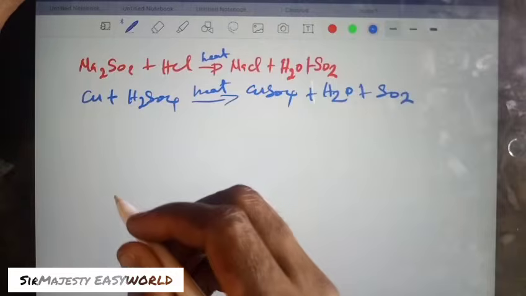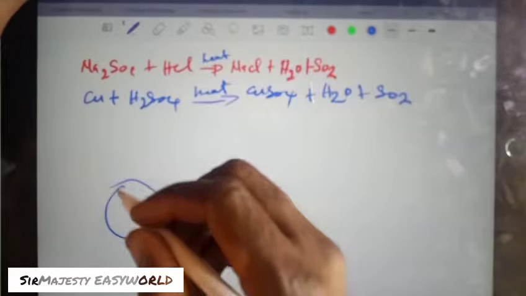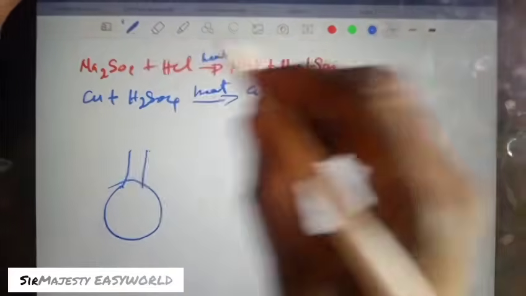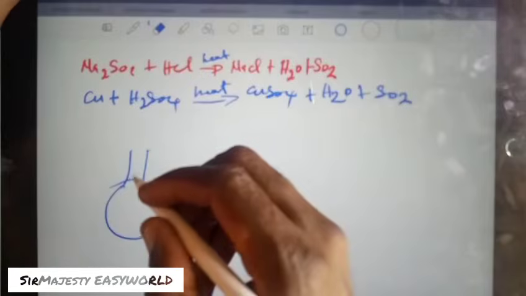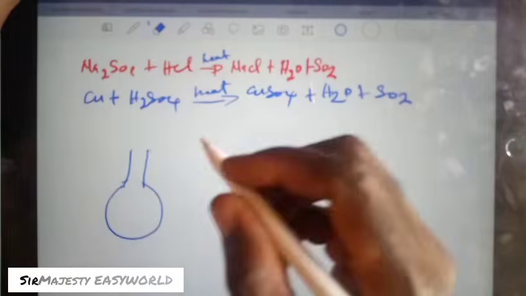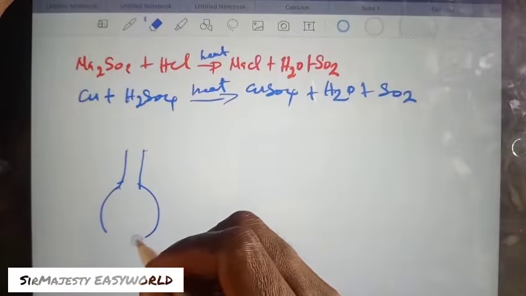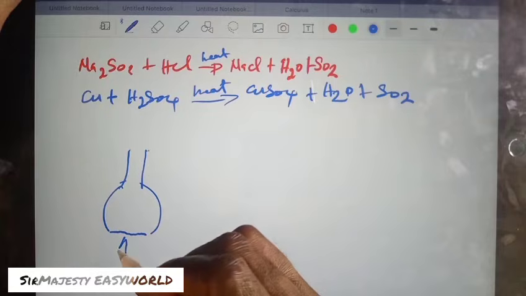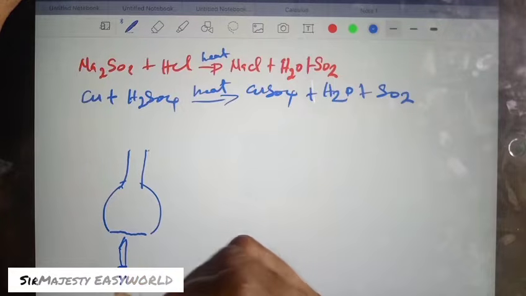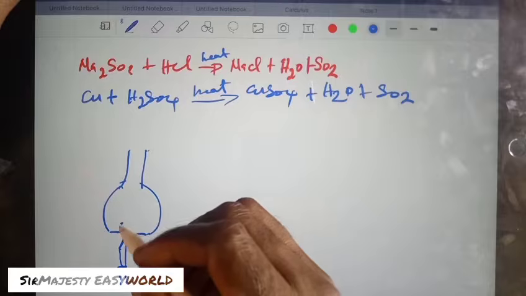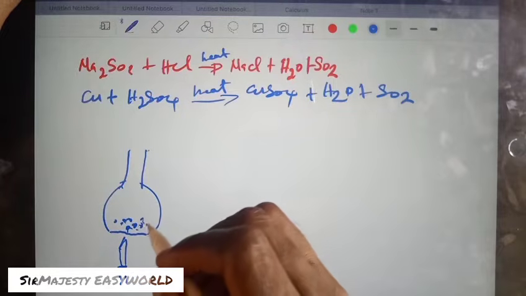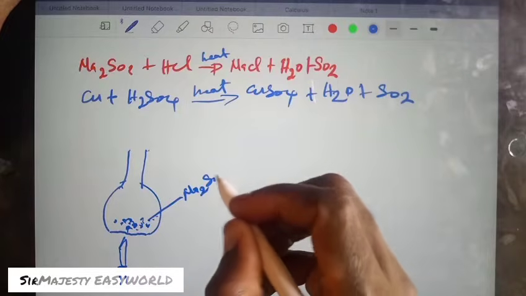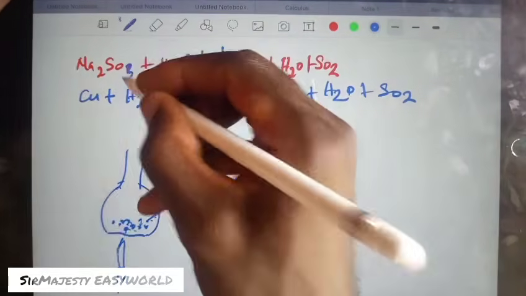Flat bottom is also fine. Then the source of heat. And the reactant, we add the solid reactant inside. The solid reactant is probably Na2SO3. Like I told you earlier, I prefer using this one.